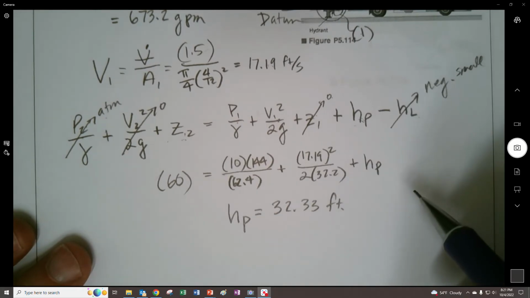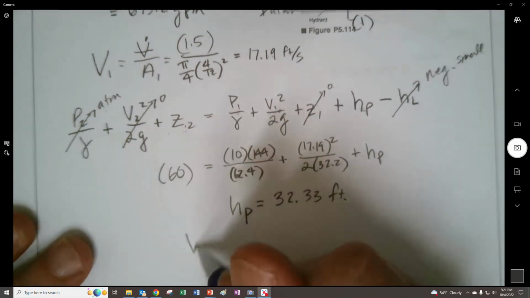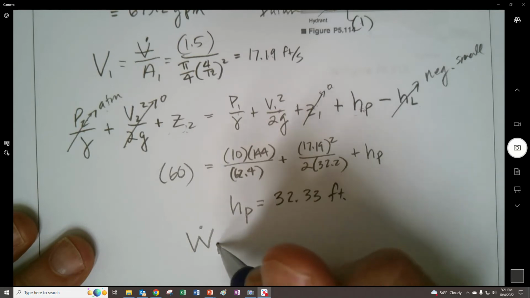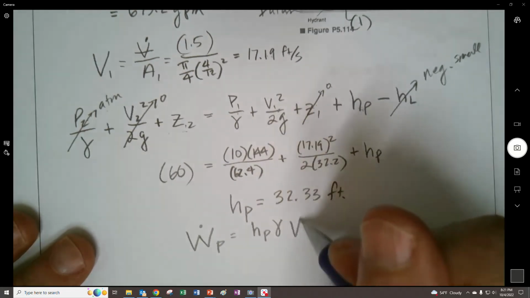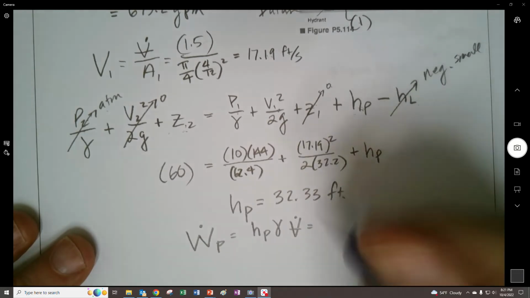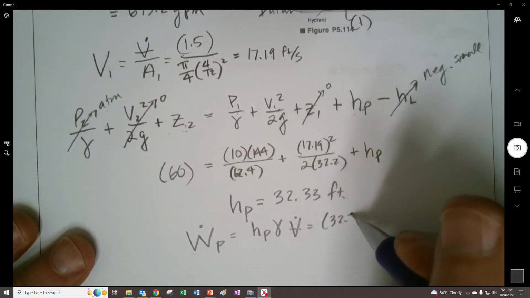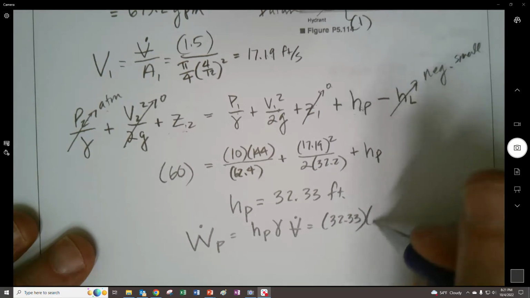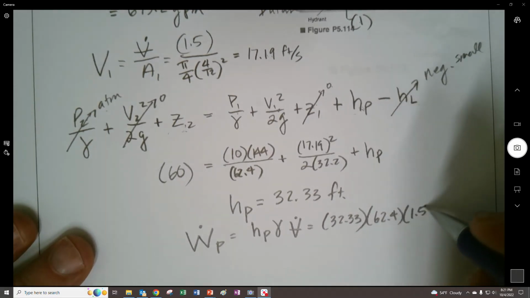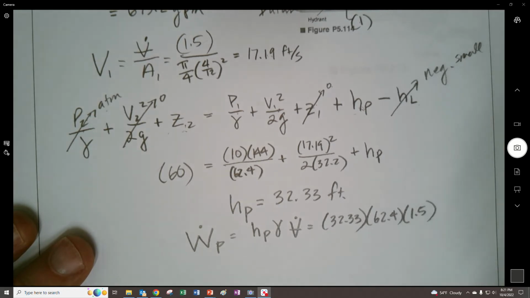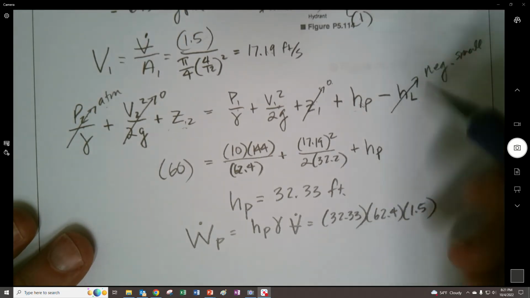But we would like to have this in power. So the pump power is going to be the pump head times gamma times the volumetric flow rate, or 32.33 times 62.4 times 1.5. And you might want to take a look at the units right here.